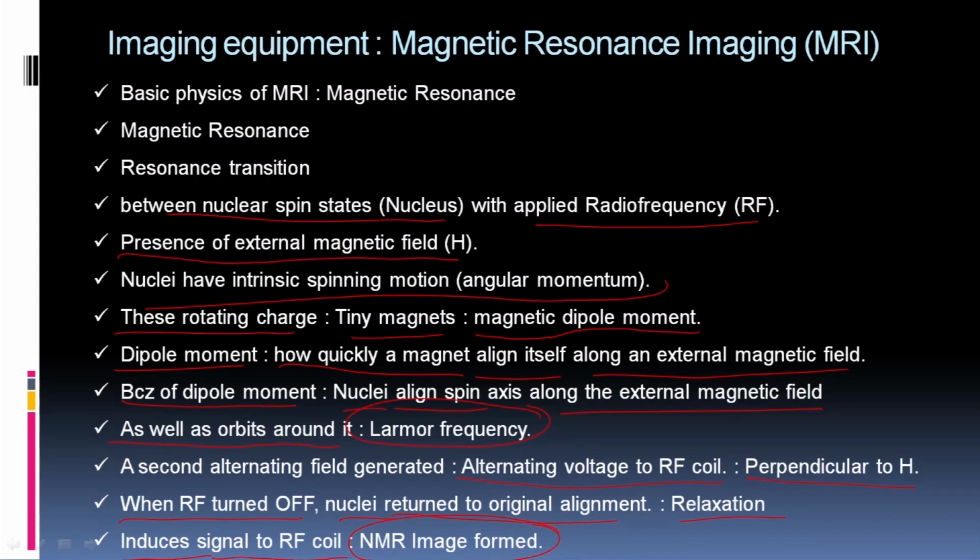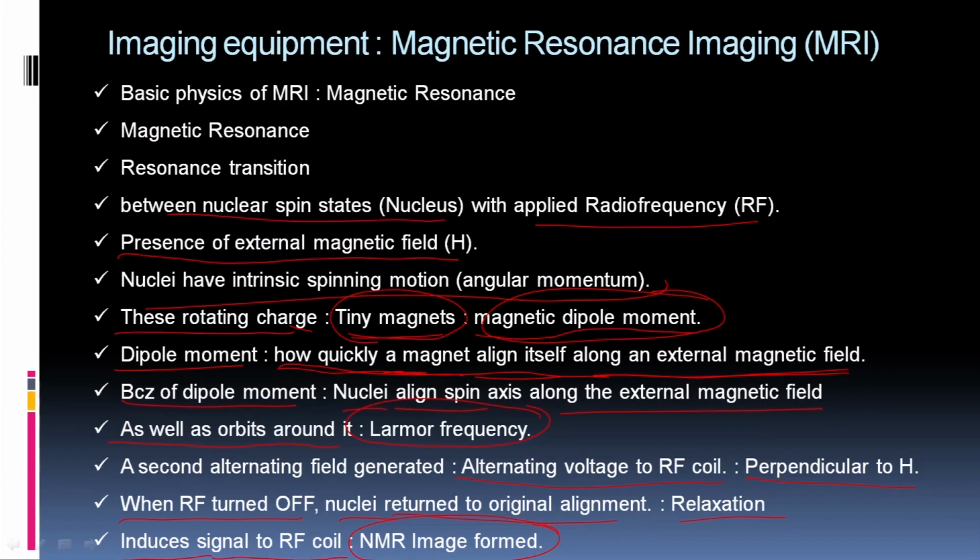So, magnetic resonance imaging is a kind of magnetic resonance where a resonance transition happens between the nuclear spin states of the nucleus with the applied radio frequency in the presence of the external magnetic field H. Nuclei have intrinsic spinning motion with angular momentum, and this rotating charge acts as a teeny magnet with a magnetic dipole moment, and dipole moment is the property of any magnet, that is how quickly a magnet aligns itself along the external magnetic field.